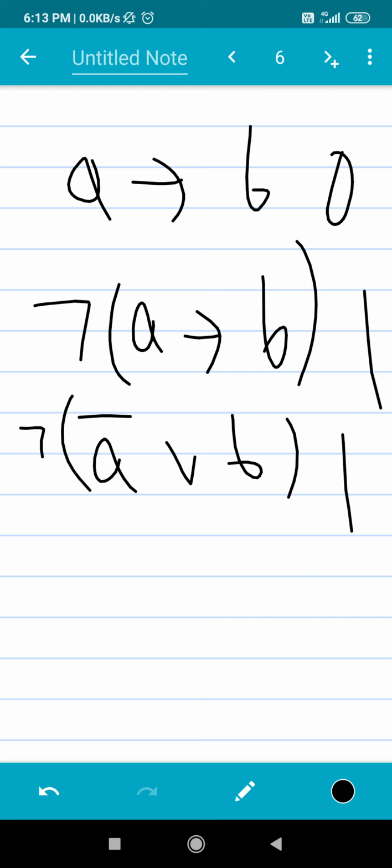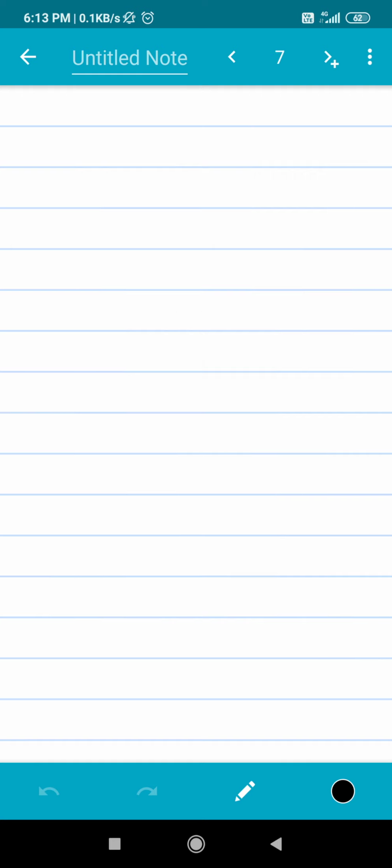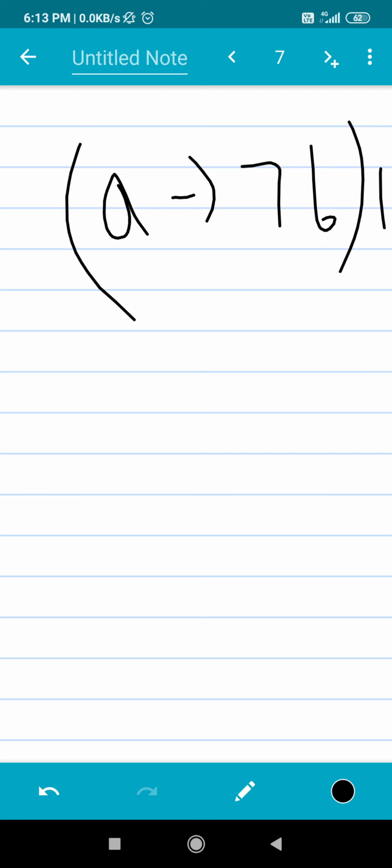So A intersection B not is true. So both of them have to be true. Only then this is true. So we can say that A implies not B is true, because then this whole is true, because these two are true.